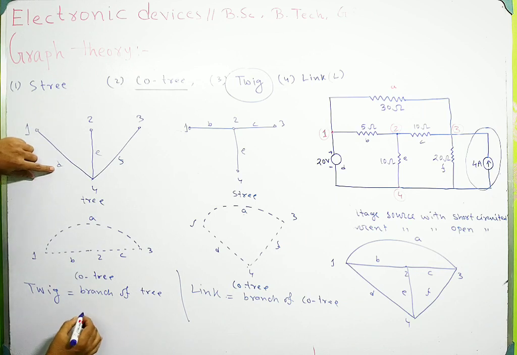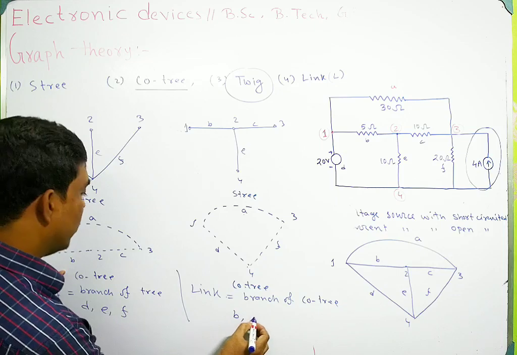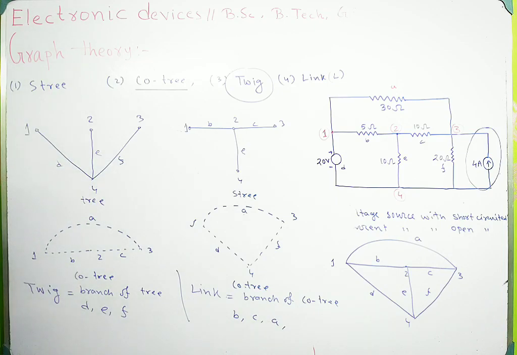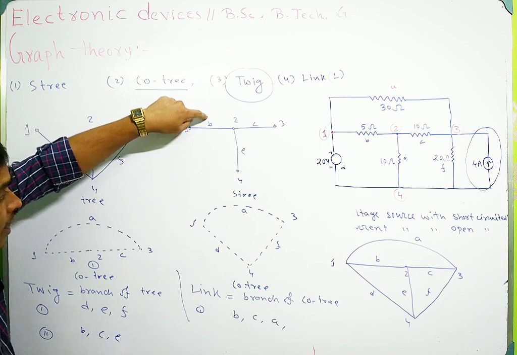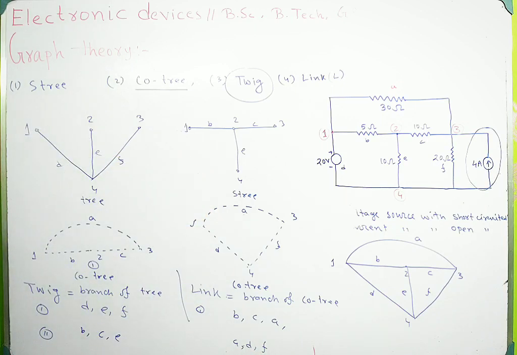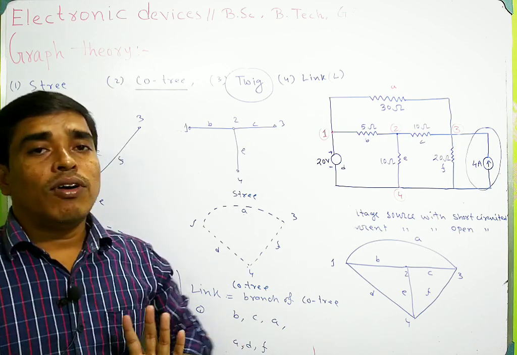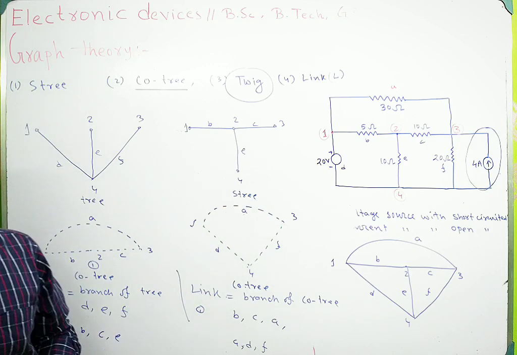So here the twigs are D, E, F, and in this case the links are B, C, and A. This is case number 1. In case number 2, the twigs are B, C, and E, and the links are A, D, F. So the branch of a tree is called a twig and the branch of a co-tree is called a link. These are the 4 relative terms in this graph theory.